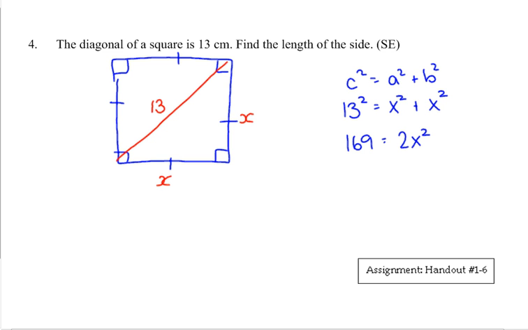What's the next step? Yeah, Zach? You divide it by 2. We want X by itself, which is 84.5. And then what? Last, square root both sides, which gives you 9.19, 9.2.